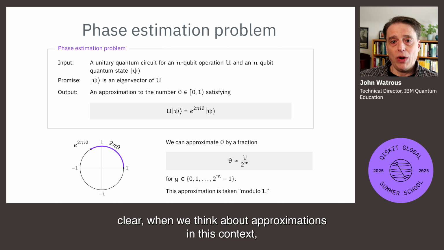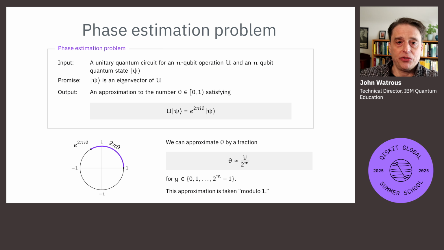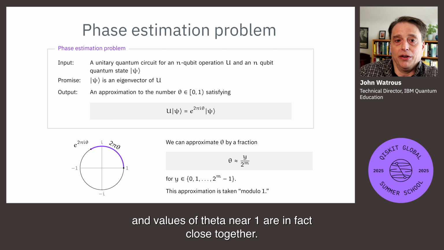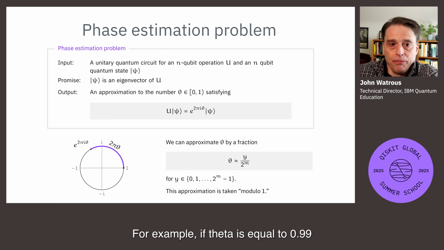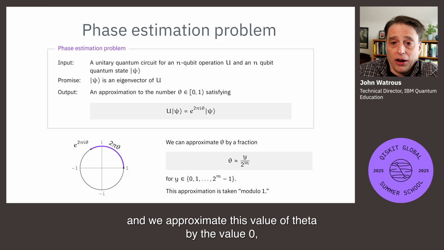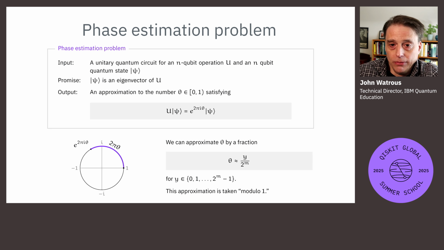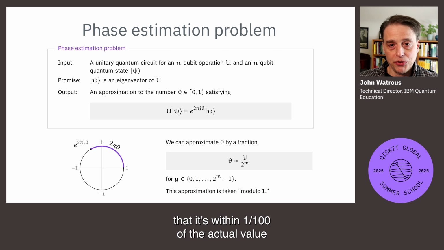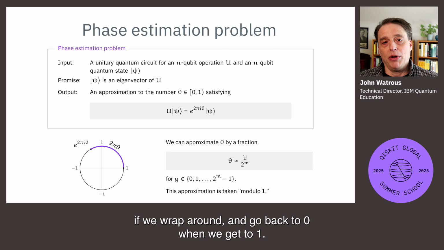And to be clear, when we think about approximations in this context, it should be understood that values of theta near 0 and values of theta near 1 are in fact close together. For example, if theta is equal to 0.99, and we approximate this value of theta by the value 0, then it's actually a pretty good approximation in the sense that it's within 1 over 100 of the actual value if we wrap around and go back to 0 when we get to 1.